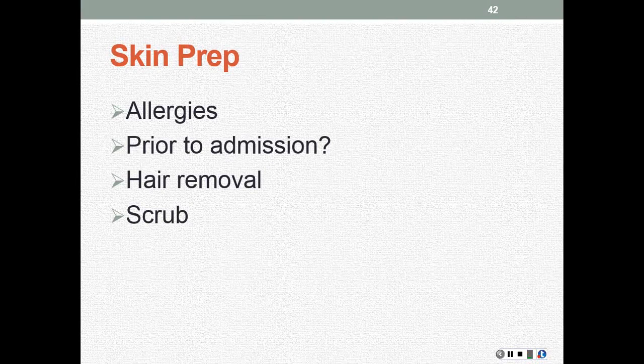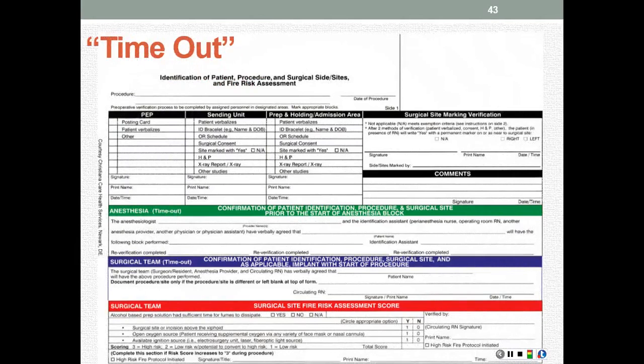All right. Okay. This is a picture of a timeout sheet or an identification of potential risks, surgical site issues. I think this is in your book. Everybody's forms are different, so this is just an example.